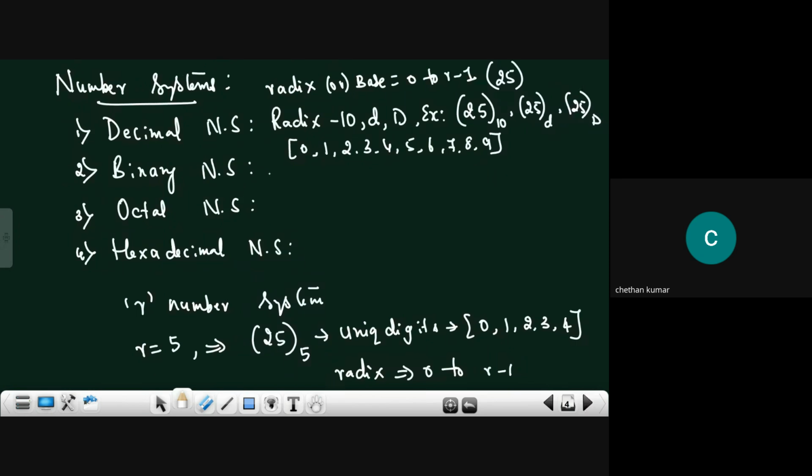Now let us come to the next number system. What is the radix of the binary number system? It is 2, right?